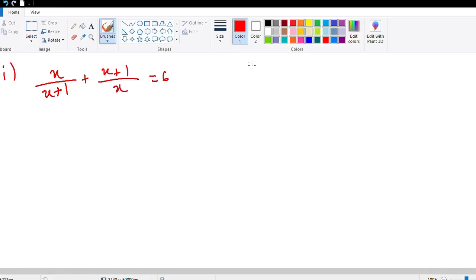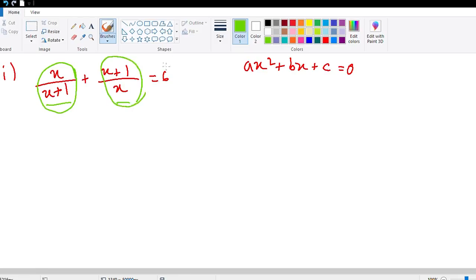So let's write our standard form right here. Okay, and let's see. What we're basically going to do is multiply to eliminate these denominators first and solve it. So x plus 1 and x is going to be multiplied by all the terms: by x over x plus 1, x plus 1 over x, and 6.